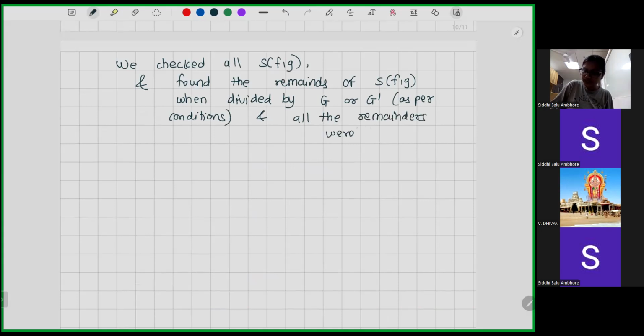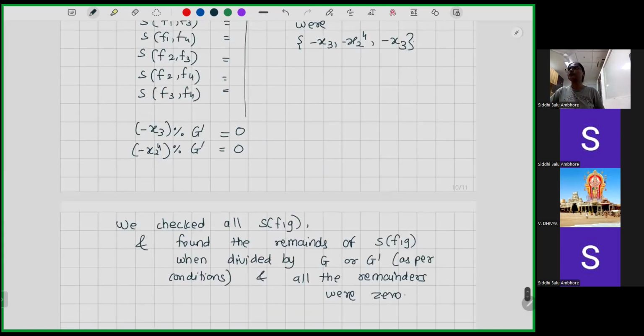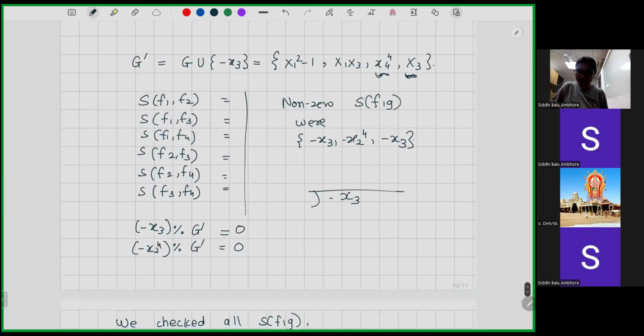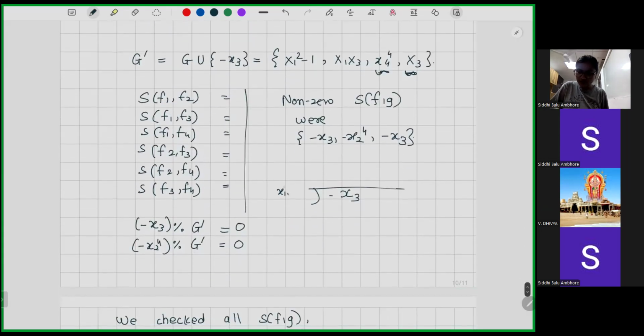Do you understand why the remainders are 0? Is it clear, or do you want me to explain it? Clear, ma'am. So I was doing this, and since it is x3, I am dividing by x1 squared minus 1, x1, x3, x2 to the power 4, and x3 itself.